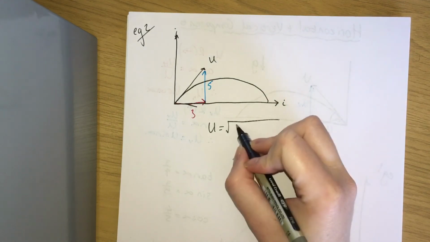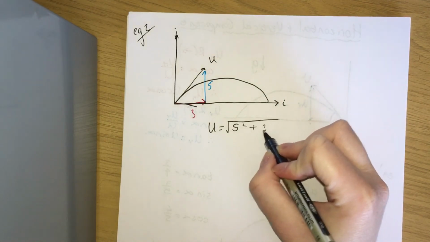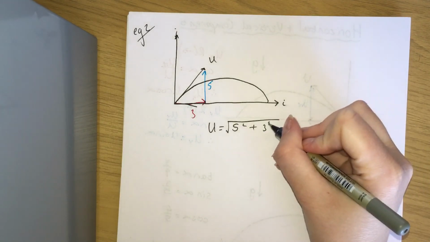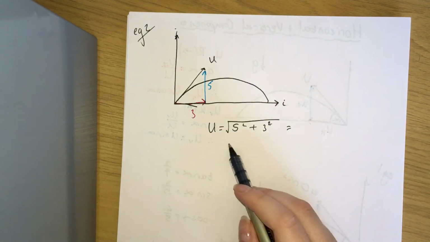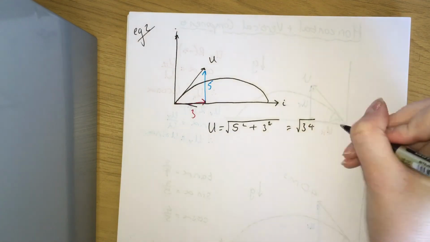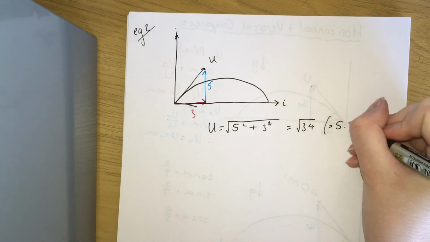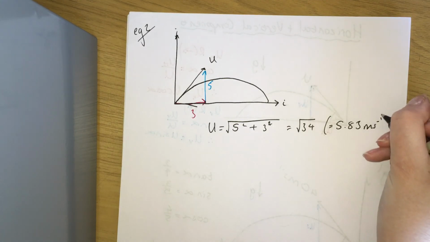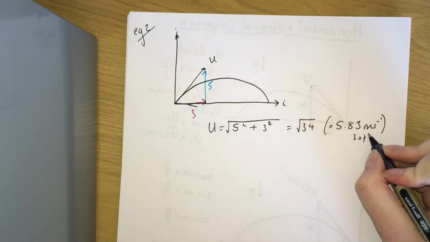So u is going to be the square root of 5 squared plus 3 squared, because u squared equals 5 squared plus 3 squared, which is root 34 or 5.83 metres per second to 3 SF.